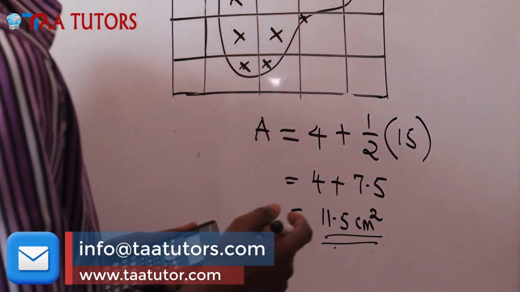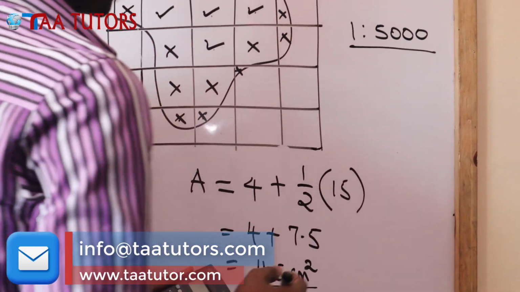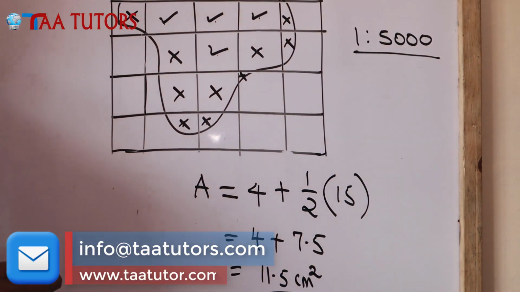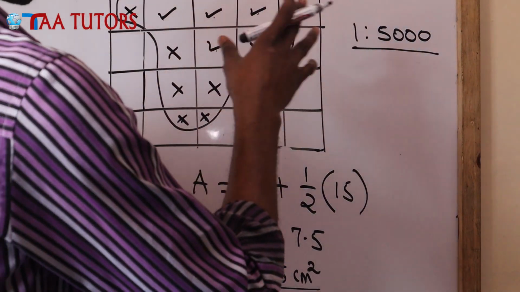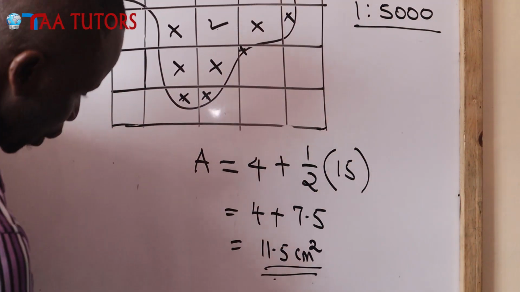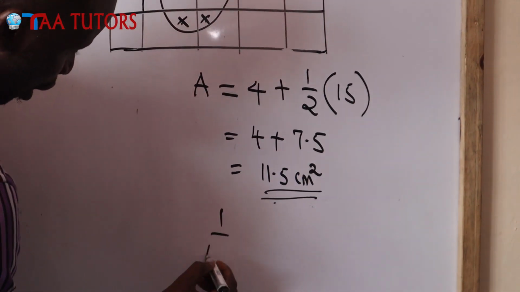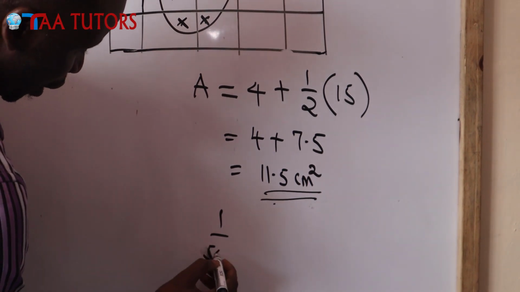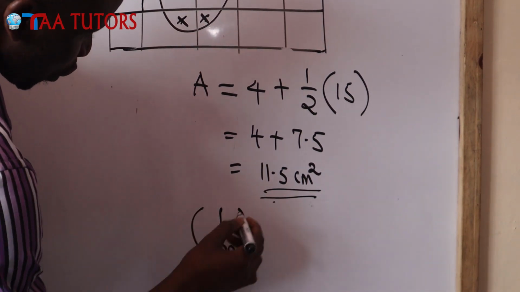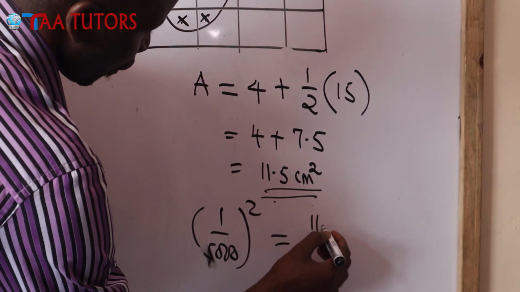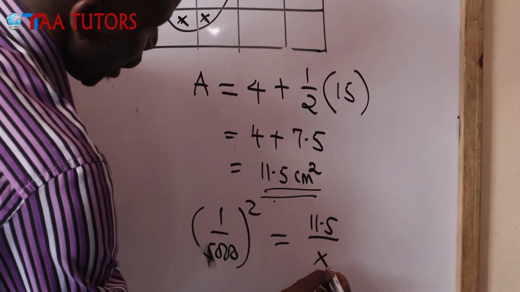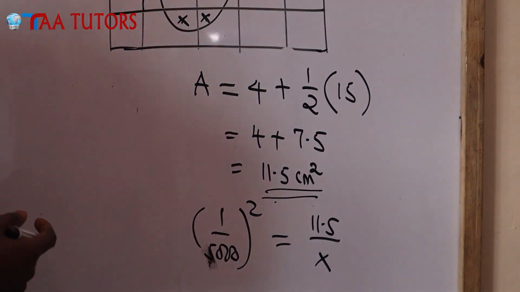But like I said, you sometimes will find that you are given what we call the scale. If you are given the scale, remember this is the linear scale, we have to get the area scale factor. So the area scale factor out of this linear scale factor, we'll have to square this. After squaring it, this is 11.5 over x, assuming x now is the actual area.